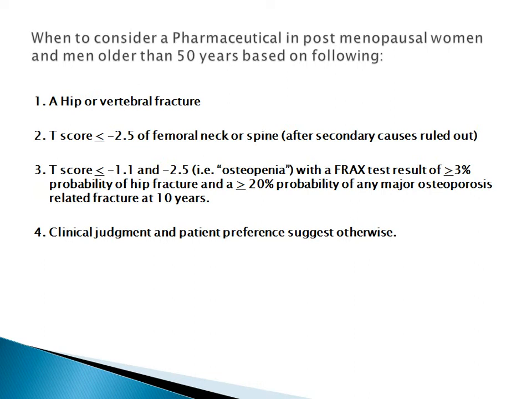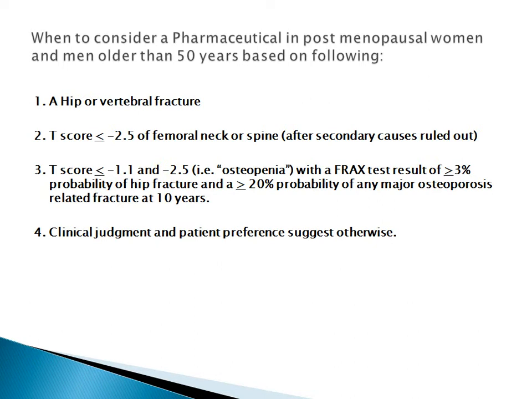If the T-score is in the osteopenia range, that is, minus 1.1 to minus 2.5, with a FRAX result of greater than or equal to 3% probability of a hip fracture and a greater than or equal to 20% probability of any major osteoporosis-related fracture at 10 years, then consider a pharmaceutical.